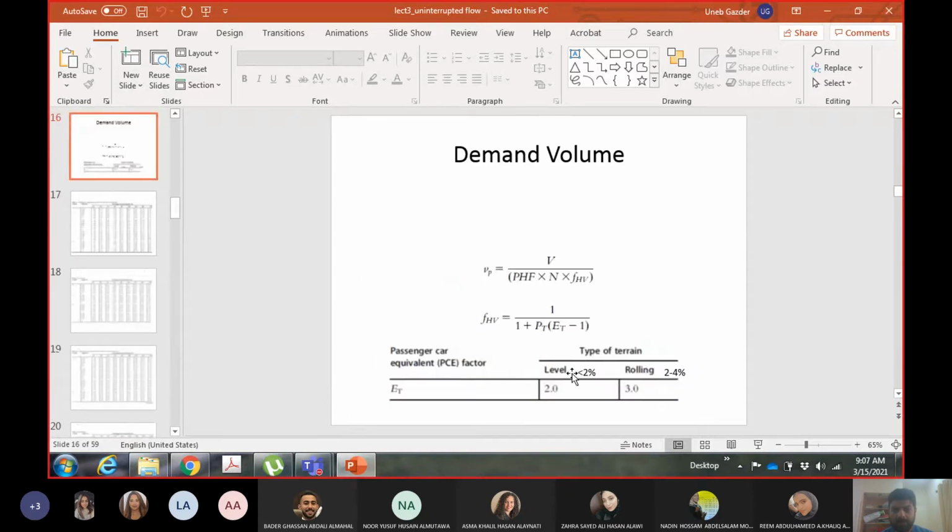This is the equation for heavy vehicle adjustment factor, and they have given us level terrain. Level terrain means ET will be 2, the equivalency factor. Percentage of trucks 9%. Give me the value of FHV.